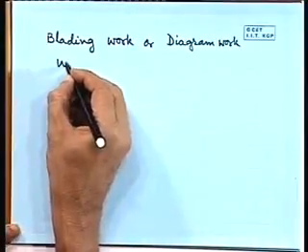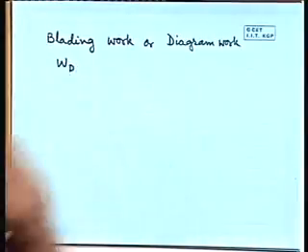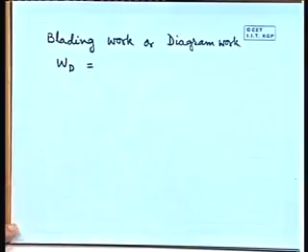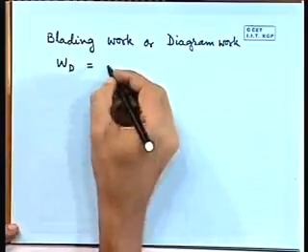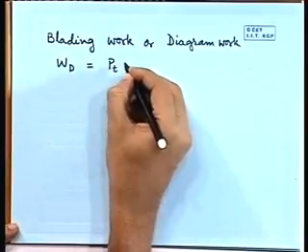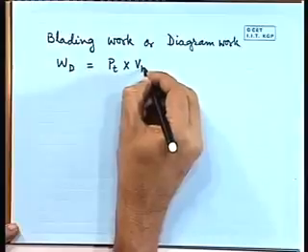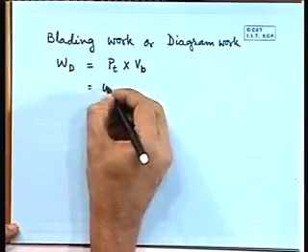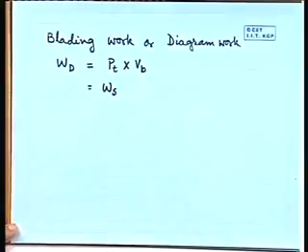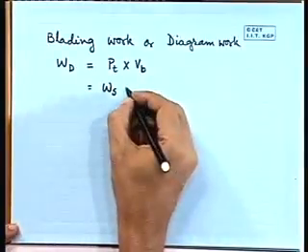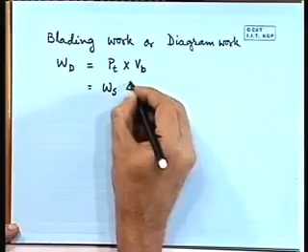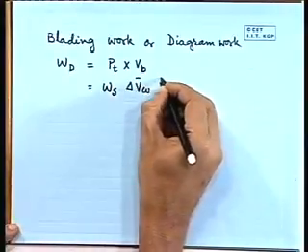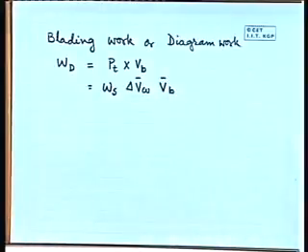Let us say we call it WD, diagram work, that is why it is called WD, that is equal to PT into VB. So, that means this is the steam flow rate into delta V omega into VB.